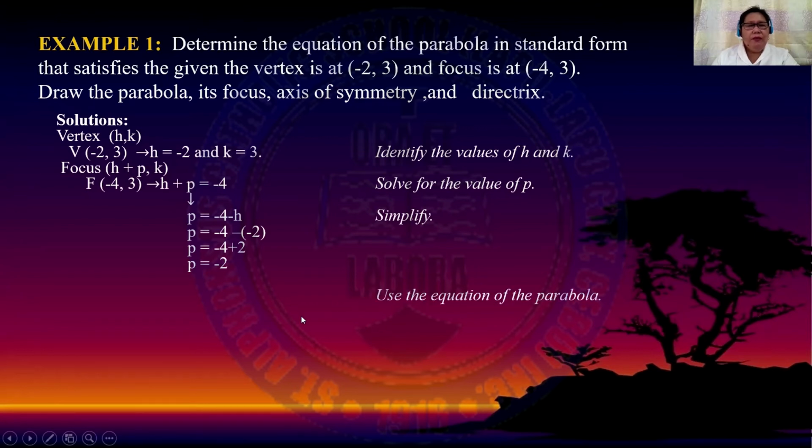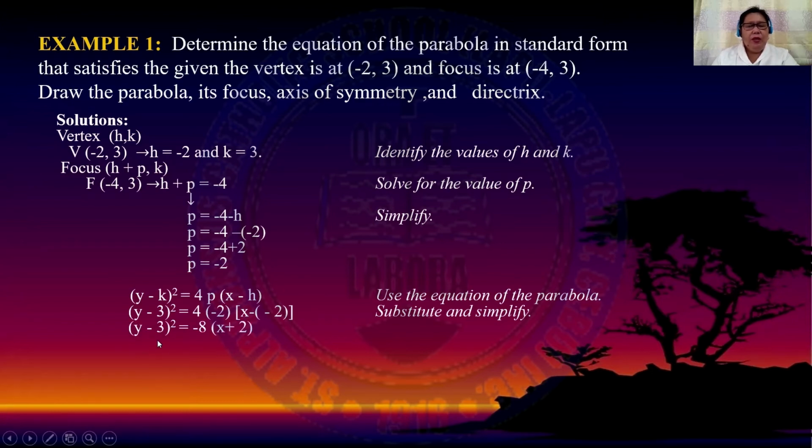Use the equation of the parabola and substitute, and then simplify. So k is 3, p is -2, and h is -2.